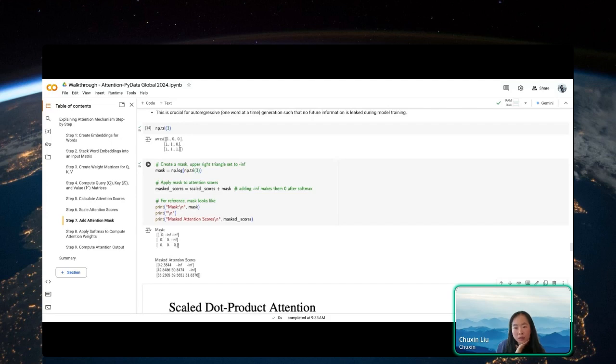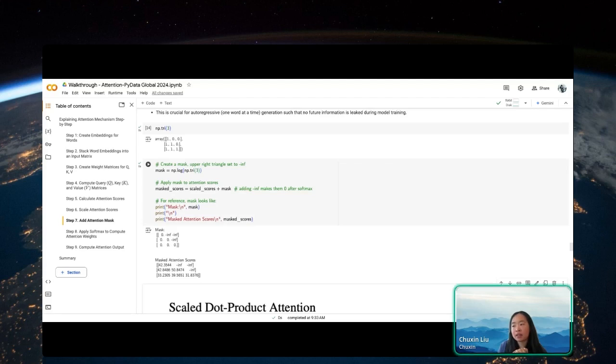Your diagonal should be zeros as well, because each word should be able to see itself. It is just not able to see the future. So for example, in the sentence "you are amazing," if you are standing at "you," you can see itself, but you cannot see "are" and cannot see "amazing."